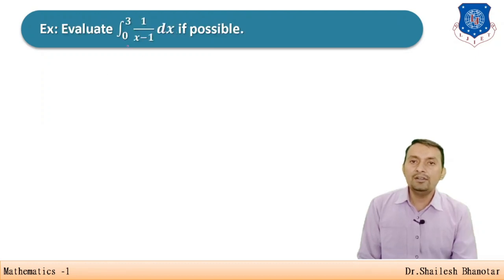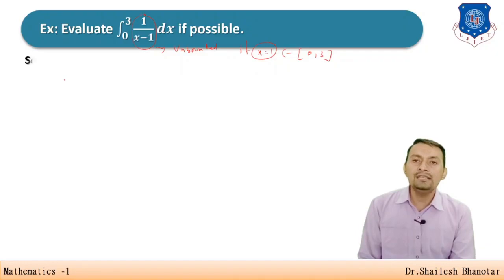Next question: evaluate the integration from 0 to 3 of 1 divided by x minus 1 dx, if it is possible. Here we can see that this function becomes unbounded at x equal to 1, and x equal to 1 belongs to the interval 0 to 3.